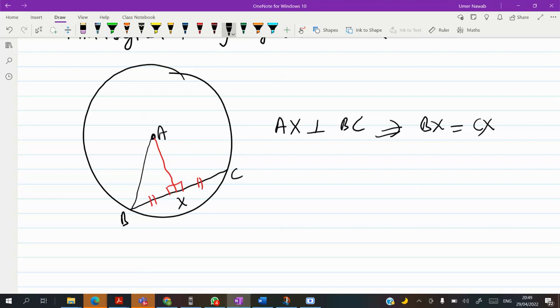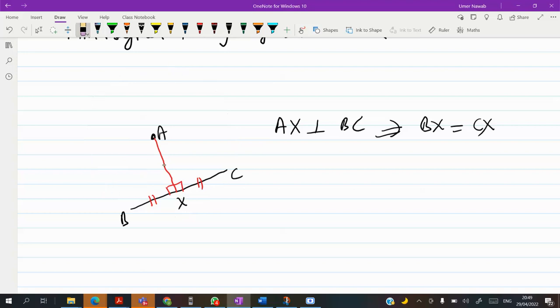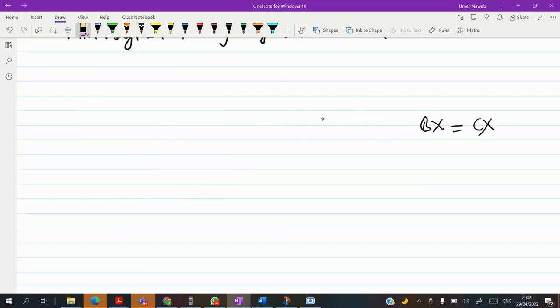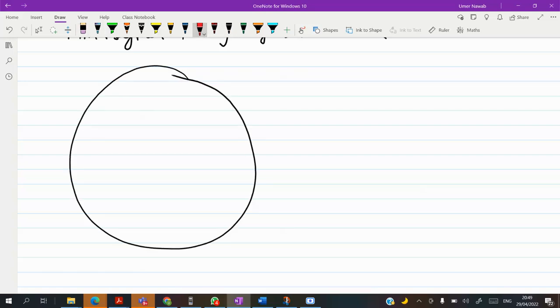And if you join A with B, then you get a right angle triangle, and Pythagoras theorem and trigonometric ratios come to your mind. One more property comes to my mind regarding the symmetrical properties of circles. If you have a circle and two chords, now amazingly, guys, if the two chords have the same length, then they must have the same distance from the center.